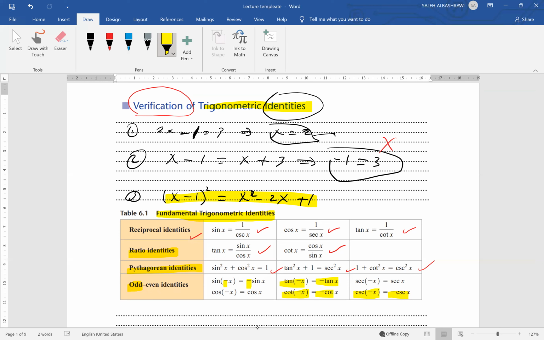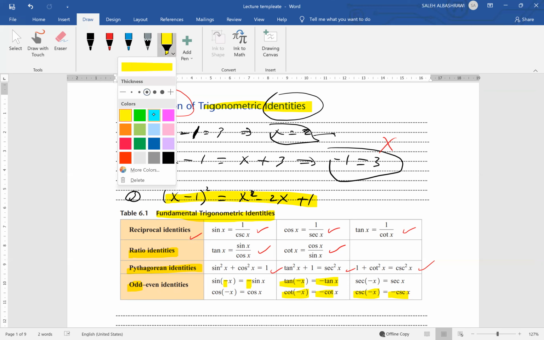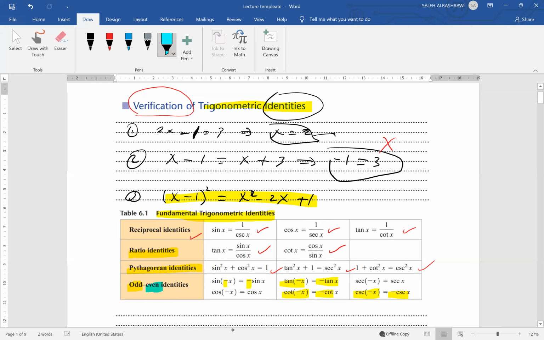For the even identity, when there is no change, cosine minus x equal to cosine x. These are even identities. Secant of minus x equal to secant of x. These are even identities. So we have odd identities and we have even identities.